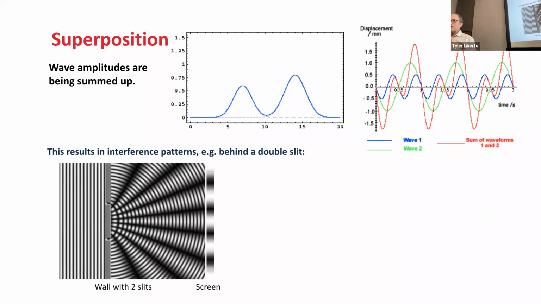This phenomenon of superposition results, if you have, for instance, a double slit or some object in your wave path, in interference. That is the interference picture that you often see when playing around with, let's say, water waves or sound waves. You have that as well.